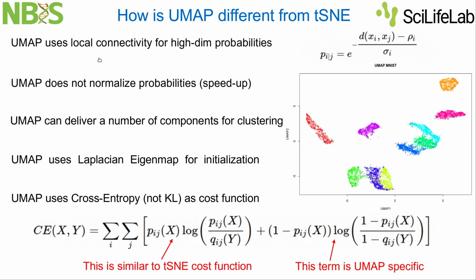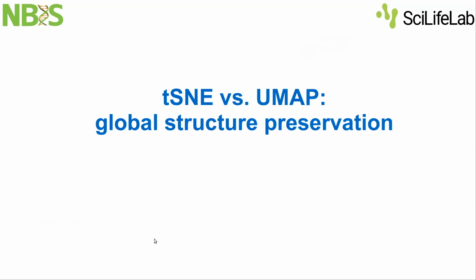For example, the initialization was changed: in t-SNE it was random initialization, while for UMAP it was set to be a Laplacian eigenmap, and the cost function was changed from Kullback-Leibler to what is called cross entropy, and there were a few other modifications. Indeed, there was a promise just from the functional form of their cost function.